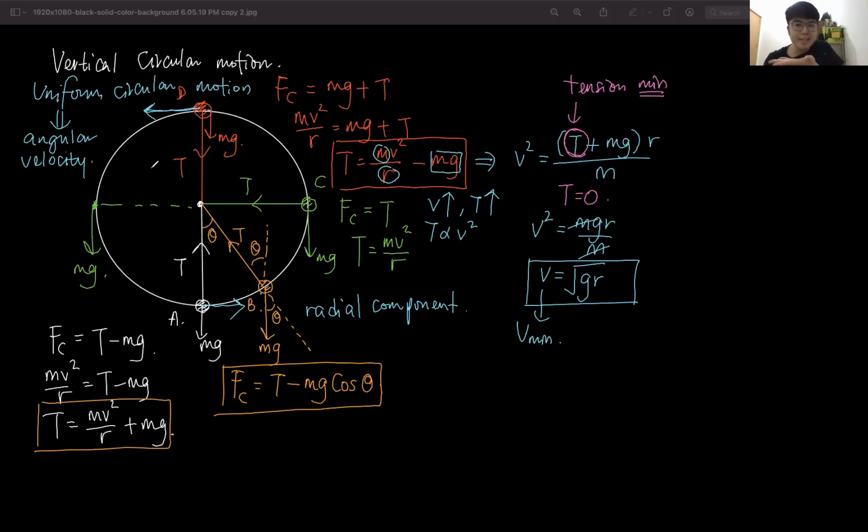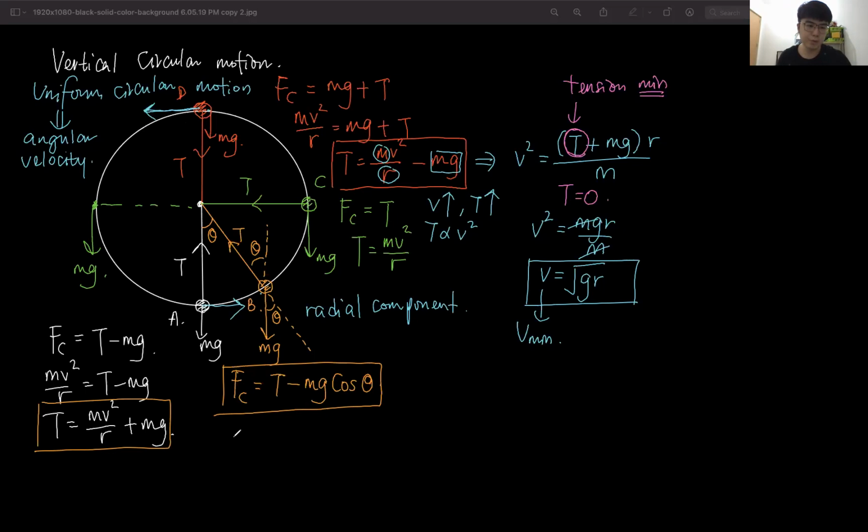When it swings to C, the tension decreases, right? And from C to D it also decreases. So if you swing from A to D, the magnitude of the tension decreases. And when you swing back down, the magnitude increases.